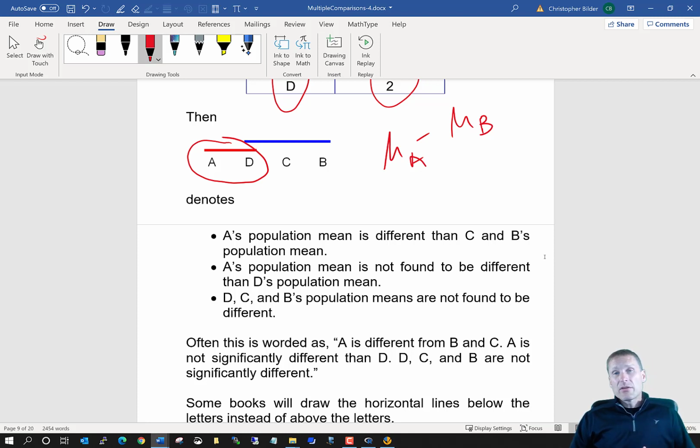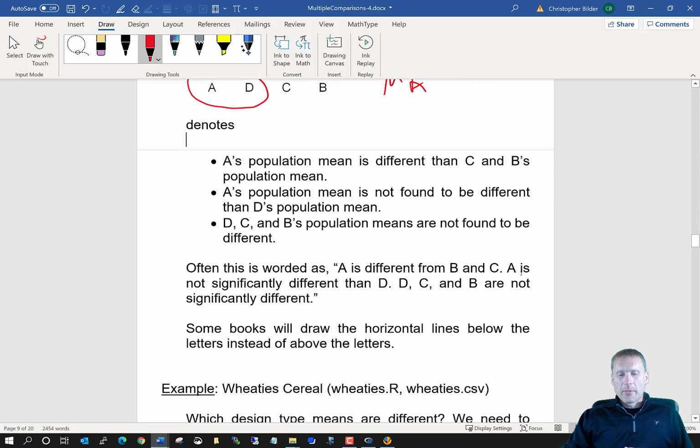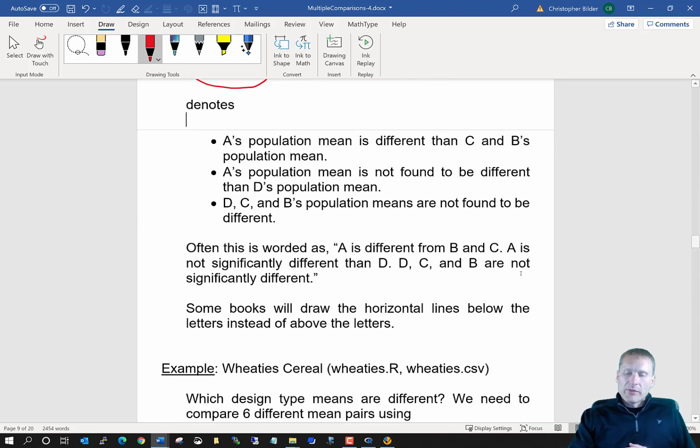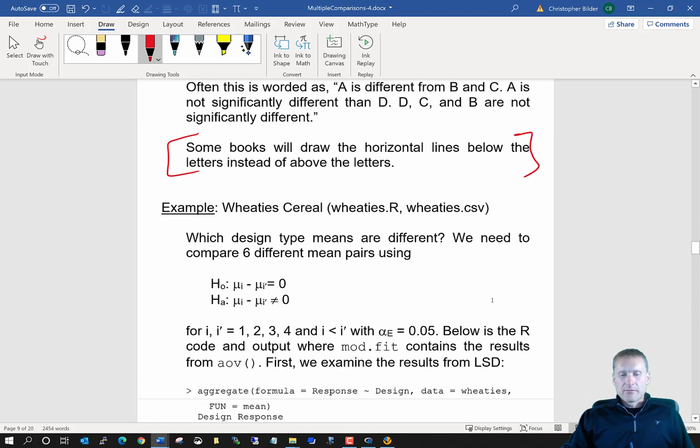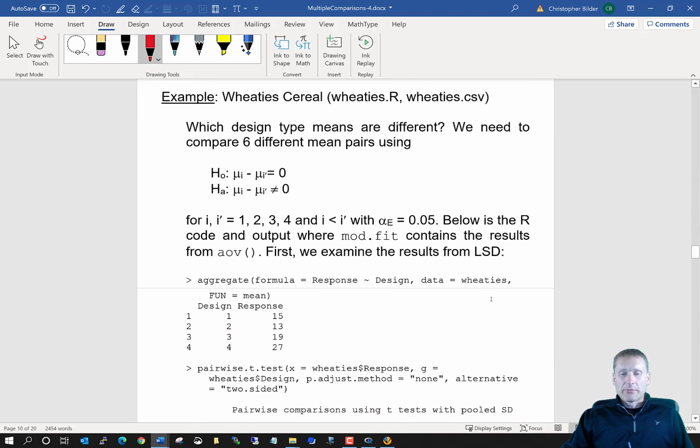Then definitely a graphic like this can be very helpful to make sense of everything concisely. Now, do note that some books, some people outside this course, instead of putting lines on top, will put lines on the bottom of a list of the treatment letters or ways to denote the treatments.